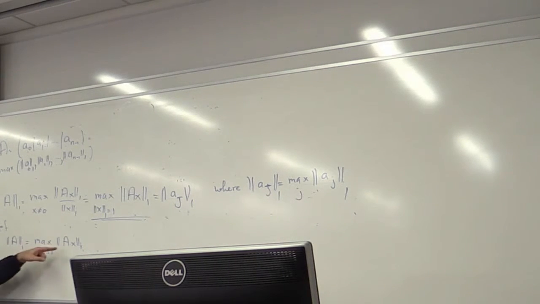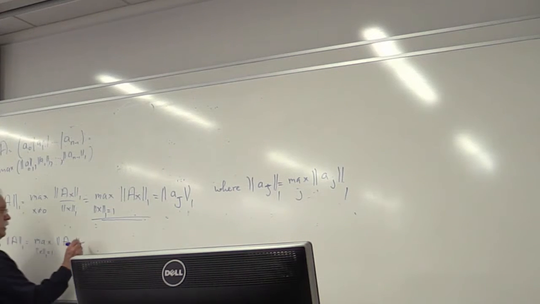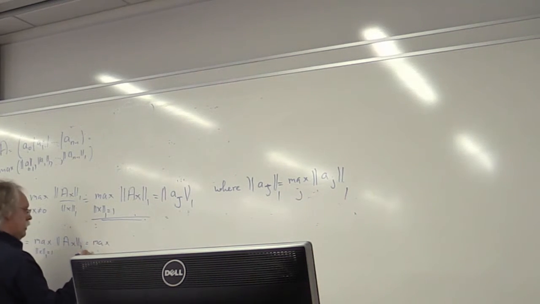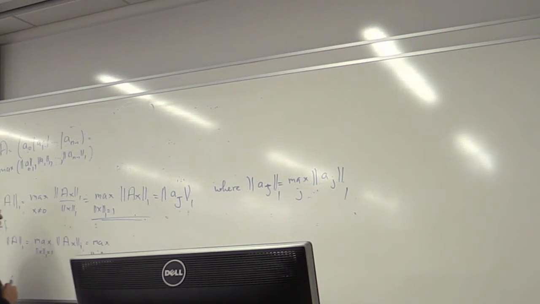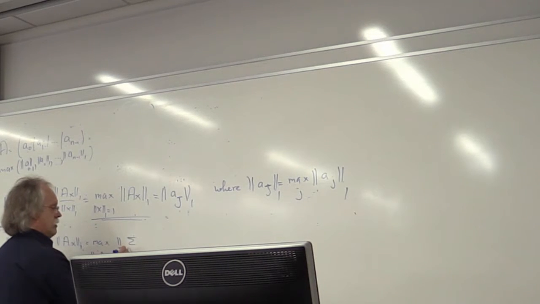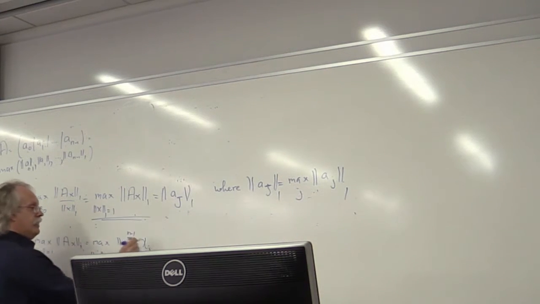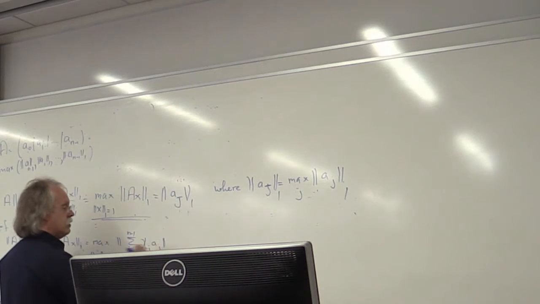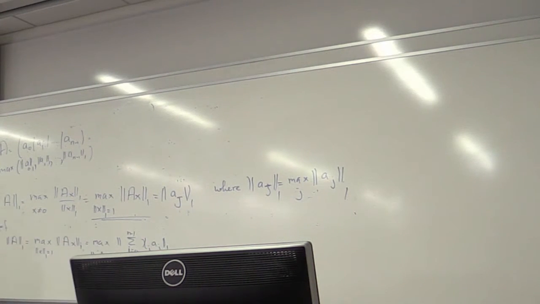So it would be wise to think of A times x, a formulation that somehow exposes the columns of A. So what we will want to do is say max over all vectors x with norm equal to 1 of the sum j equals 0 to n minus 1 of the jth element of chi times the jth column of A. Bingo, we have something that exposes columns. Maybe now we can get somewhere.